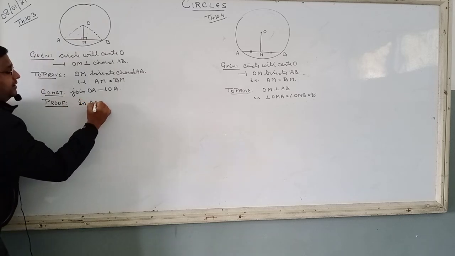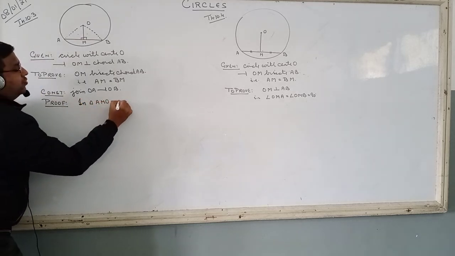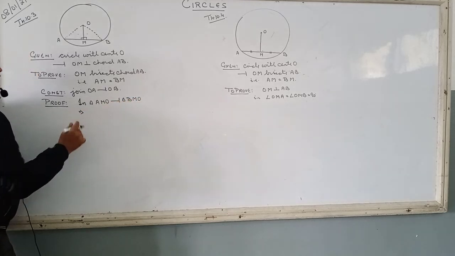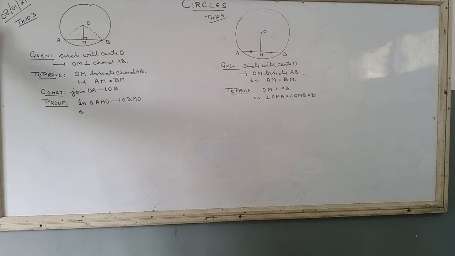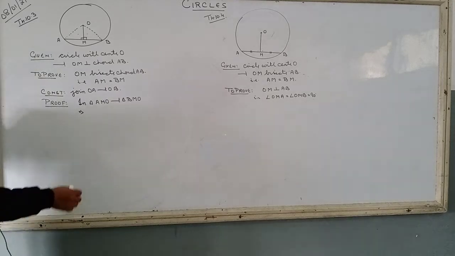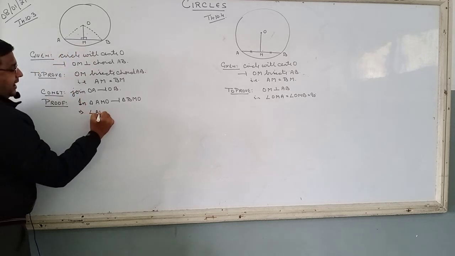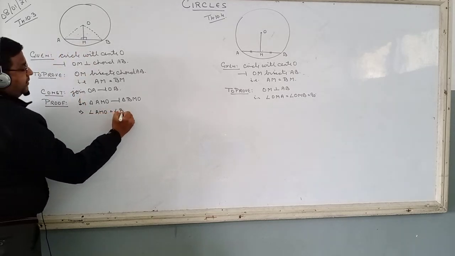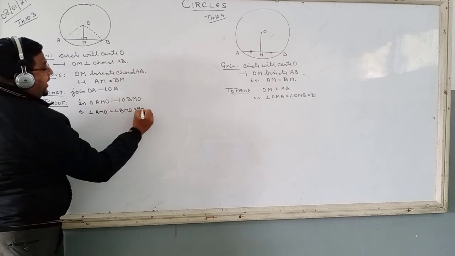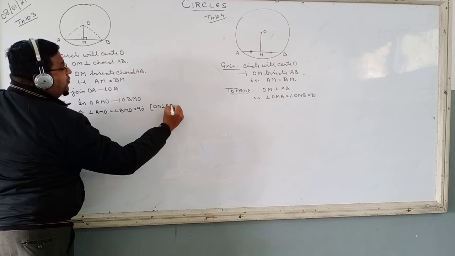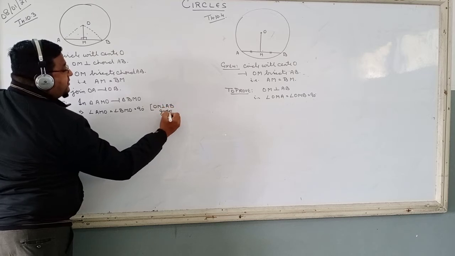In triangle AMO and triangle BMO, observe what you find equal. You just have to observe what is equal very easily. Can you see one angle 90-90? Angle AMO equals angle BMO equals 90. Reason: because OM is perpendicular to AB, that is given in the question.